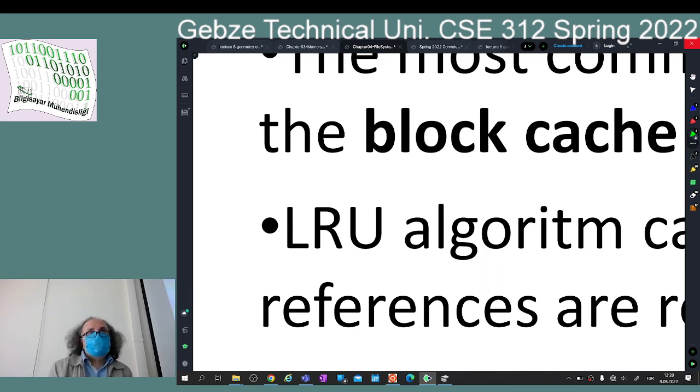Why? Because in the disk world, accessing the disk, loading the data back and making the replacement takes a very, very long time. So instead of spending that much time on disk access, maybe I can spend a little time to update the time of last access to a disk location.